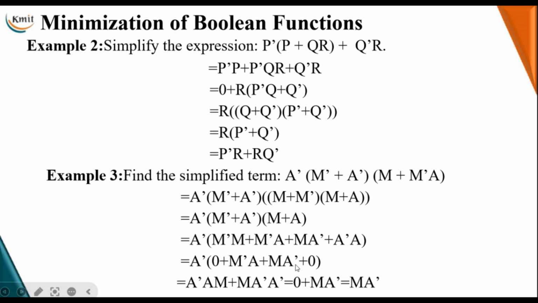And here we obtain A bar and of M. So now A bar A is replaced with 0 and here A bar M is equal to M A bar. So this is the final minimal expression that we obtained from this expression.